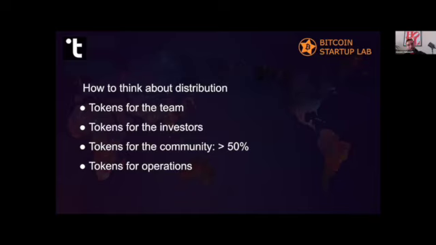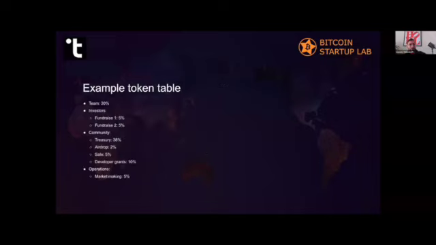Again, higher is more aggressive in favor of the investor, and lower is more aggressive in favor of the team, founders, community. Community always 50% or more. And then you're going to want some allocation for operations. And this can be 10 to 30%.